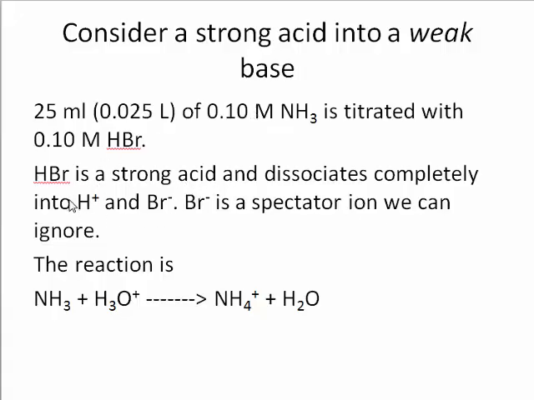It will dissociate into H plus and bromide. Bromide is a spectator ion I'm going to ignore in much the same way we ignored the sodium in the last example. As the titration goes on, the reaction is ammonia plus hydronium goes to ammonium plus water, or you could write it NH3 plus H plus goes to NH4 plus.